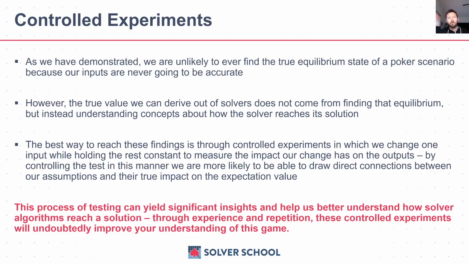And the solver algorithms, unfortunately, can't talk to us and explain why and how they're doing the things that they're doing. But by testing over and over again and by isolating various inputs while changing other inputs, we can build these controlled experiments that can help us improve our overall understanding of this game.